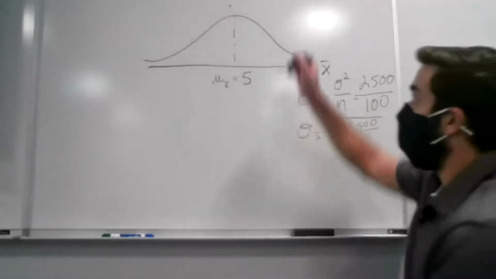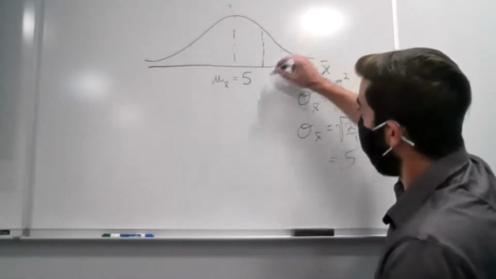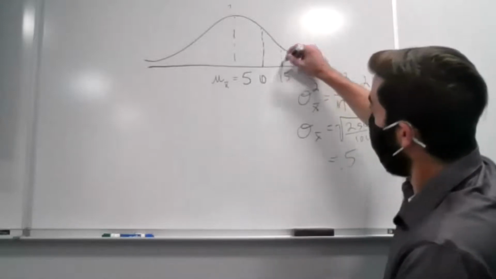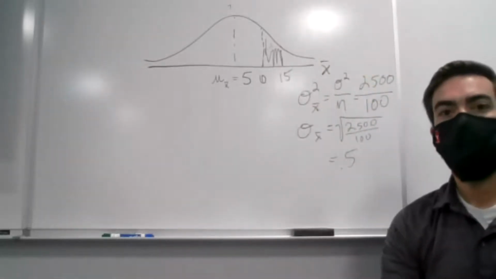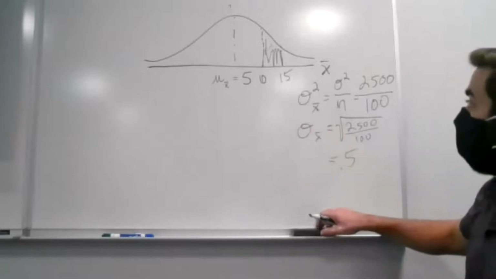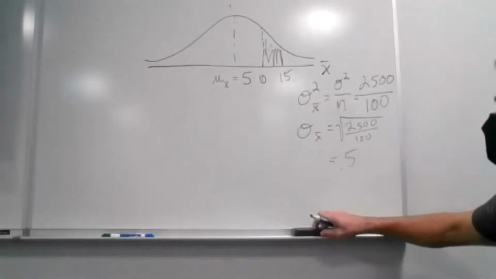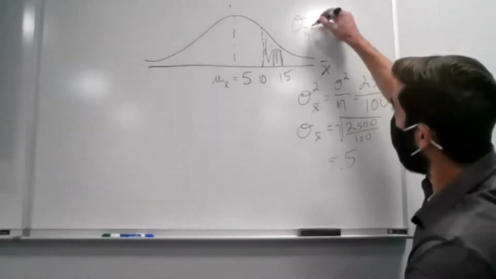The question then asked, what's the probability we're in between 10 and 15? I didn't leave myself a ton of room here, so I'm going to rewrite this up here just so we remember what it is.